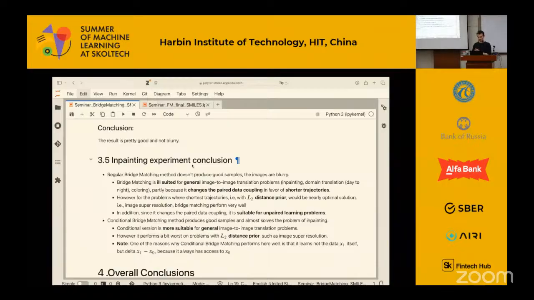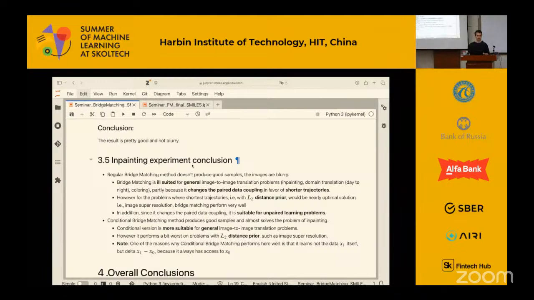Regular batch matching does not produce good samples because the images are blurry. In that sense, batch matching is ill-suited for general image-to-image translation problems, for example in-painting, and general domain translation, for example day-to-night image translation and image coloring, because it changes the paired data coupling in favor of shorter trajectories.